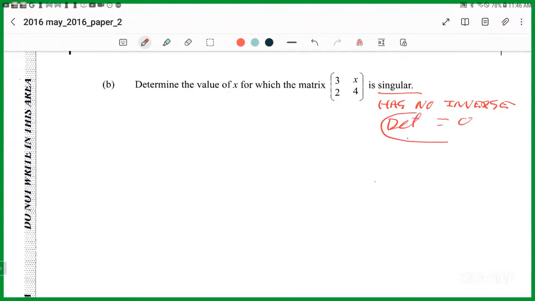Also, when it has no inverse, the two diagonal products are equal. So if this is A, B, C, D, then AD is equal to BC.